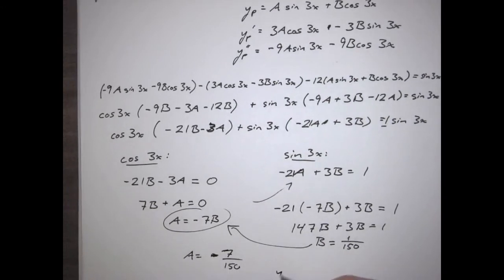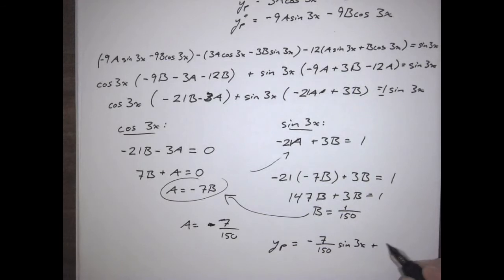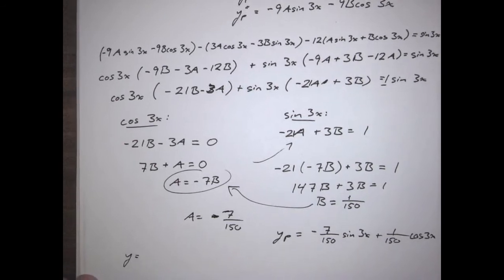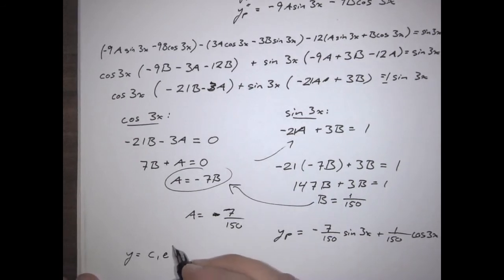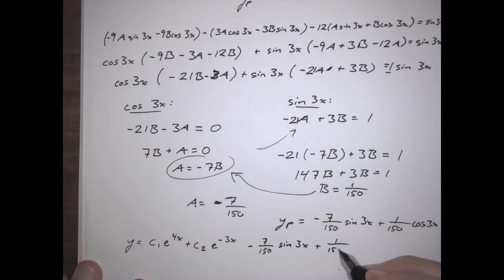Which means then that the particular solution would be negative 7/150ths sine 3x plus 1/150th cosine 3x, which gives us then a general solution y equals c1 e to the 4x plus c2 e to the negative 3x minus 7 over 150 sine 3x plus 1 over 150 cosine 3x.